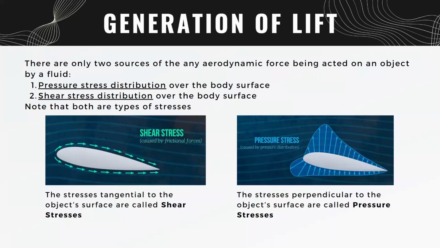In a similar manner, high pressure areas push things towards low pressure areas to equalize. In this case, the wing will lift upwards.